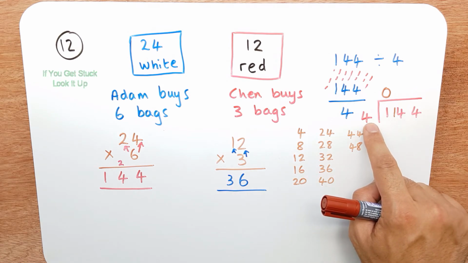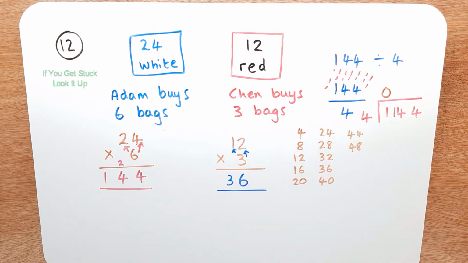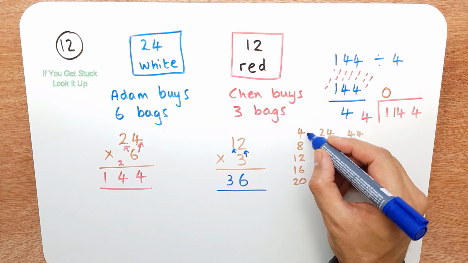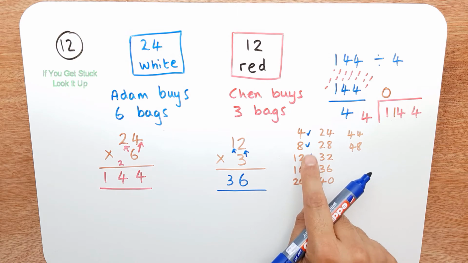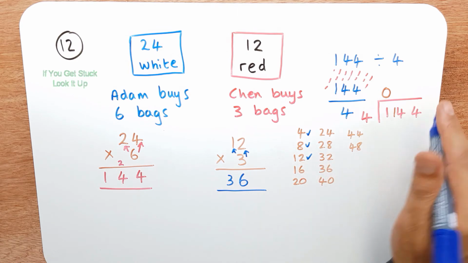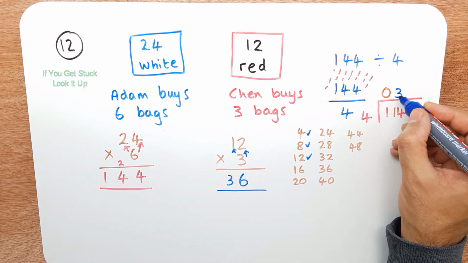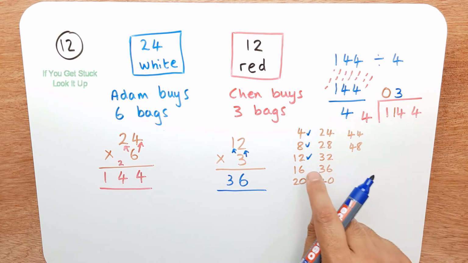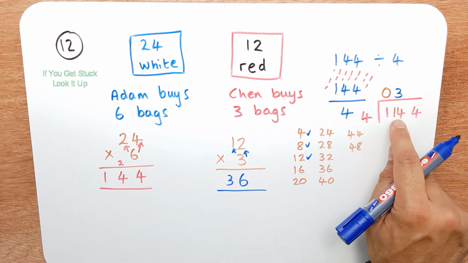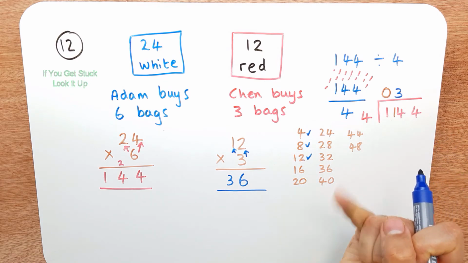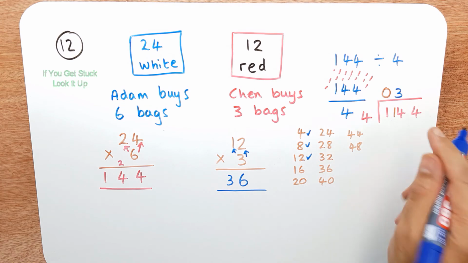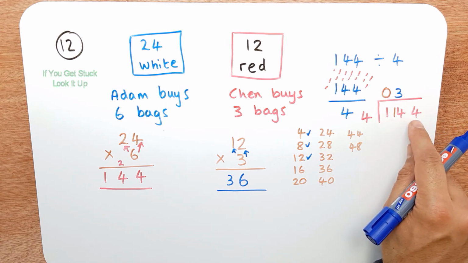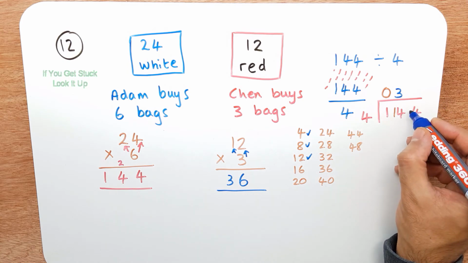So I want to know how many 4s are there in 14. 1, 2, 3. 3 4s are 12. So there's a 3 there. And we've used 12 and we've got 14. So we count up. 13, 14. So there's 2 left over. So the 2 that's left over, I carry over to the next column.